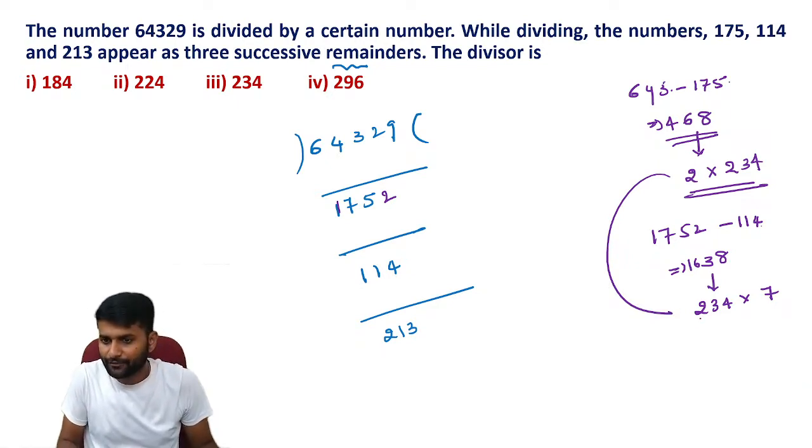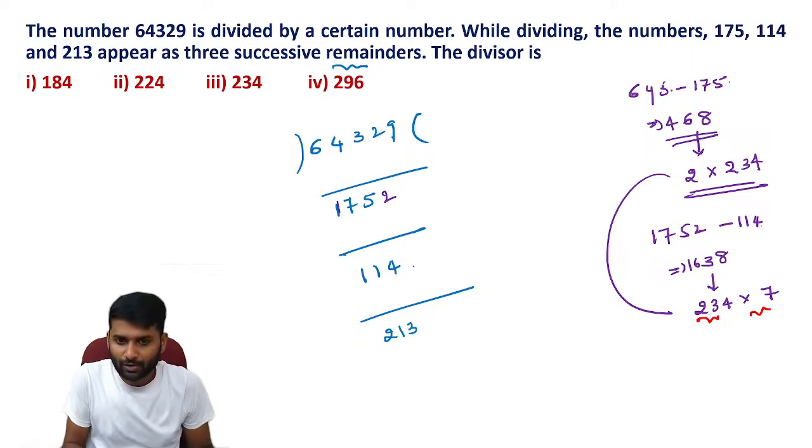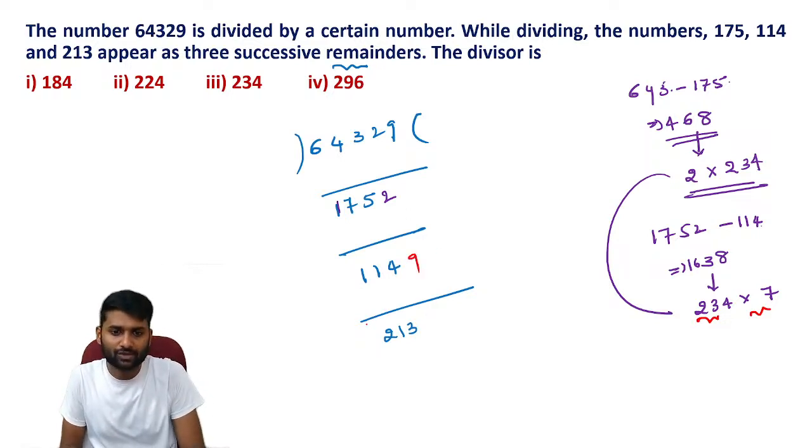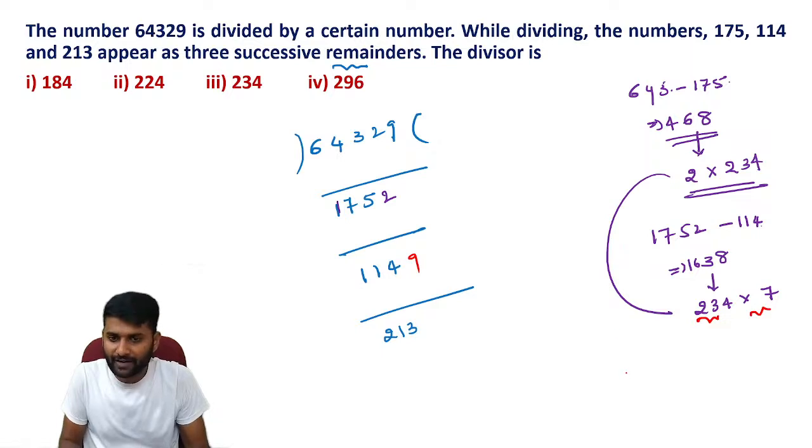Now see, 234 into 7 is equal to 1638, right? In the same way, we have to take finally 1149. So find the difference here. 1149 minus 234. Here 9 minus 3 is equal to 6. 4 minus 1 is equal to 3. 11 minus 2 is equal to 9. So 936.